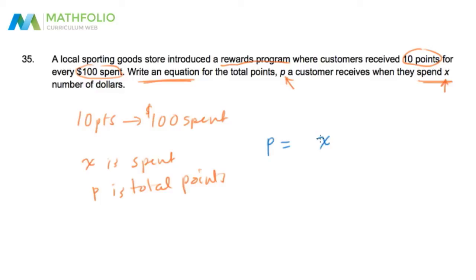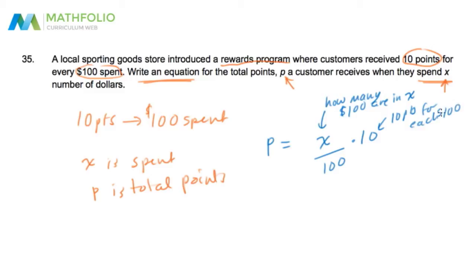So we need the value that they spend divided by 100, which would tell us how many hundreds are in there, how many $100 are in this amount that they spend, and then however many $100 are in there, we're going to times each of those amounts by 10 because they get 10 points for each $100 that they spend.